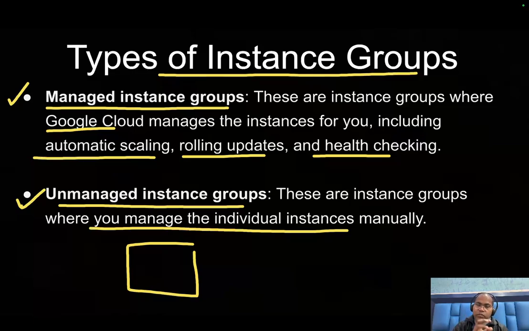Each virtual machine can have a different configuration, a different OS, and you scale and manage manually. There are some applications where a client needs to control and manage the VMs, and in this scenario you can go with unmanaged VMs.